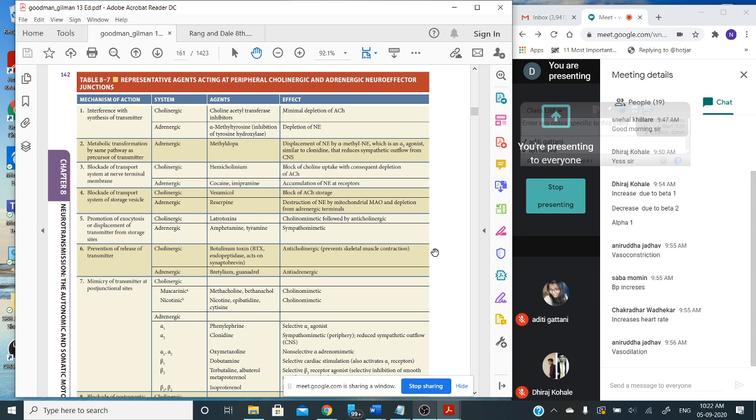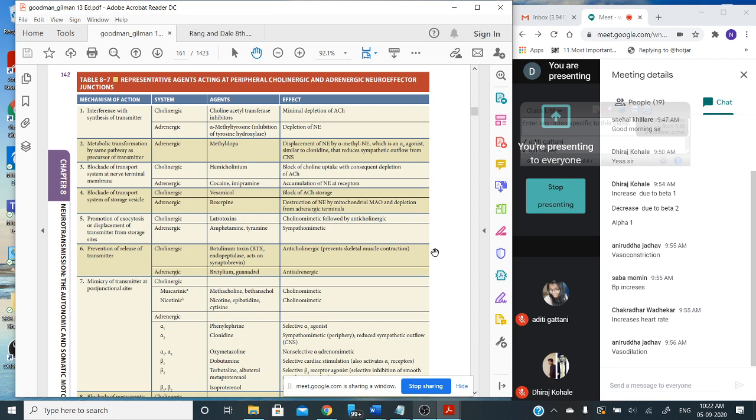In adrenergic, cocaine and imipramine cause accumulation of NE, noradrenaline, at the receptor. But at higher doses, they can also cause further depletion. Then next is hemicholinium. In the case of cholinergic, it blocks cholinergic uptake with consequent depletion of ACh.